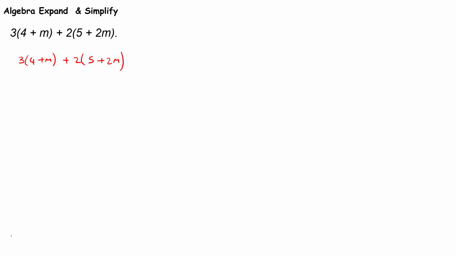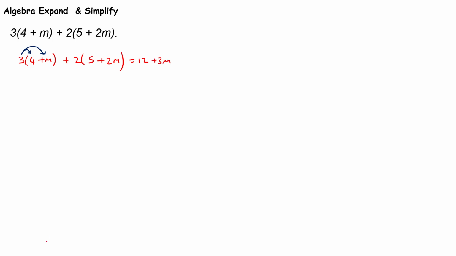But expand that. So I'm just going to change color to use my arrows. So everything outside the brackets, we've got to multiply everything within the brackets. So if we do these brackets first, switch back to red. So 3 times 4 is 12. And then 3 times m is 3m.